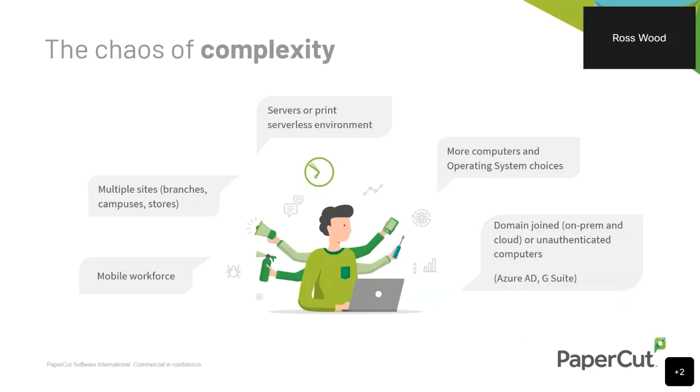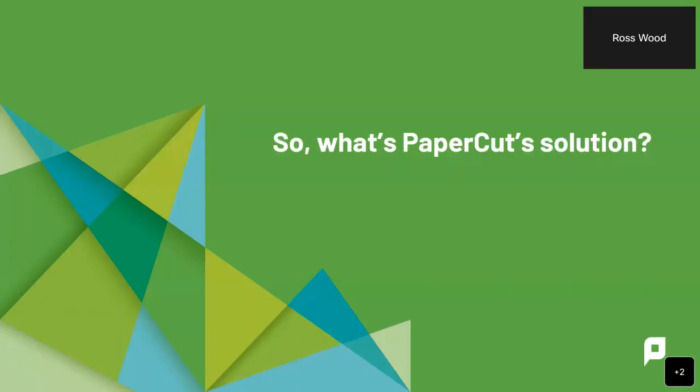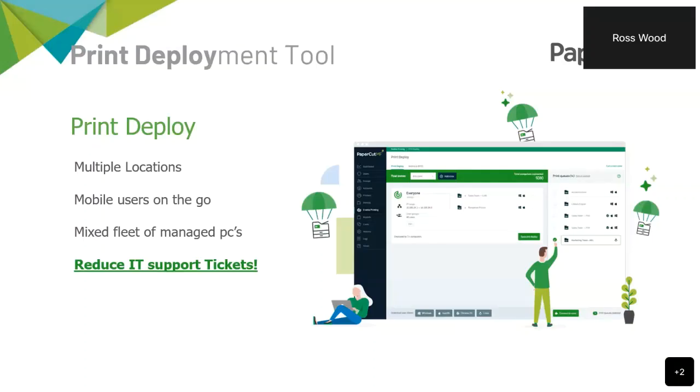Especially when we think of those direct IP print queues, or just a direct printer, if you will. So thinking of all these different complex challenges that different customers work with, PaperCut wanted to come up with a solution that could help address all of it. And this solution came in the name of Print Deploy. So let's look at what PaperCut decided to design with their development team and add to the product.